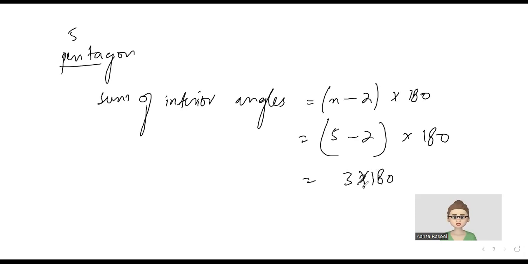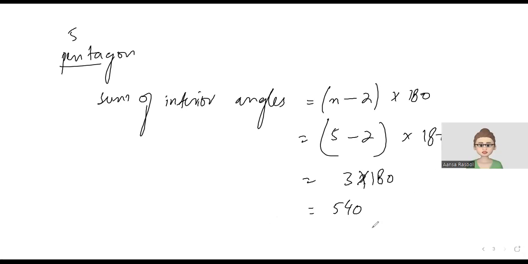So what is the sum of the interior angles of a pentagon? It's 540. But suppose they ask you the individual interior angle inside the polygon, you will just take 540 divided by the number of sides, and one interior angle inside the polygon is 108 degrees.